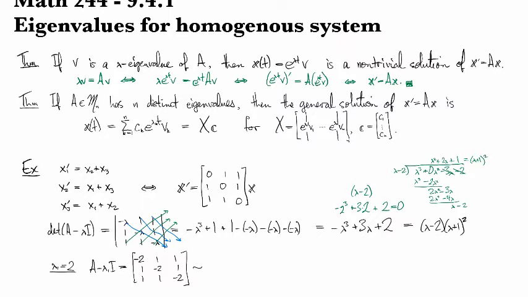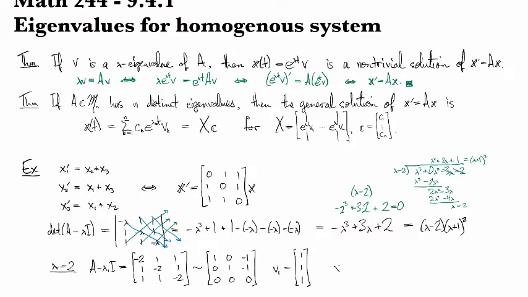I'll save you the pain of doing the row operations, but I got 1, 0, minus 1, 0, 1, minus 1, 0, 0, 0. So this tells me that my eigenvector is 1, 1, 1, the constant vector.